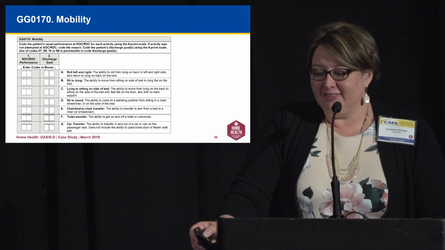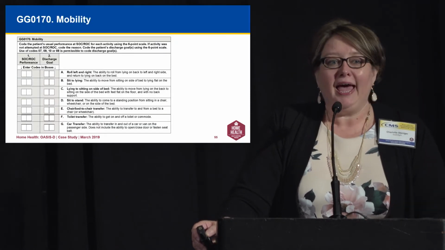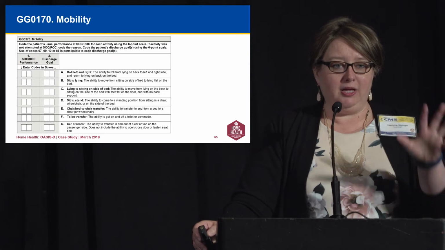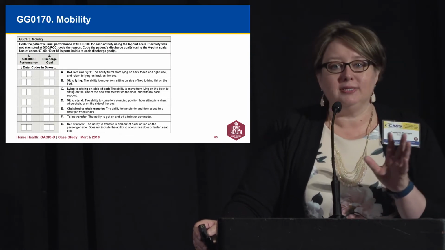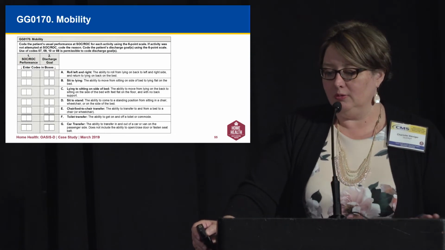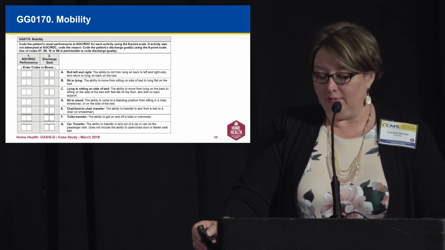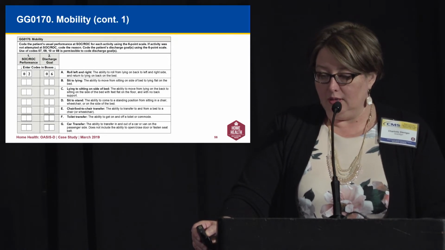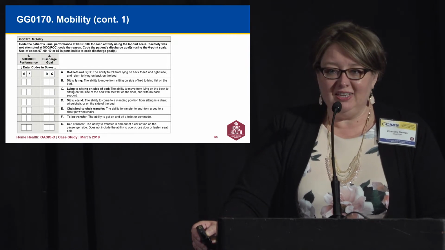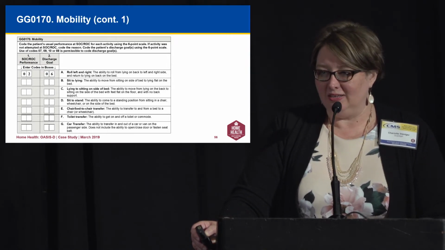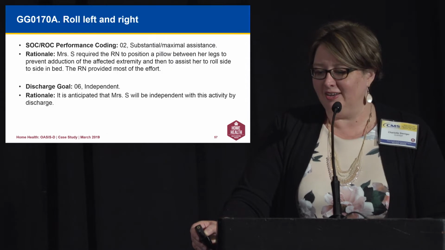Okay, so let's look at, again, this is the first half of that assessment. And again, we'll be coding the start of care performance along with your discharge goal. Okay, and we'll start with A, roll left and right. We got 02 and 06. Okay, seeing some heads nodding, good.